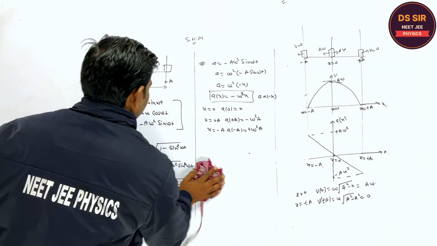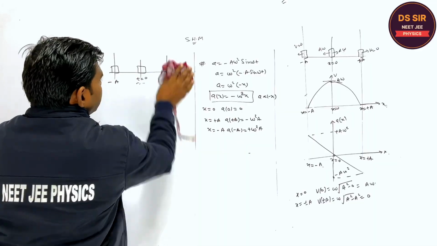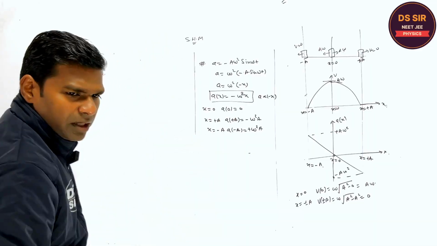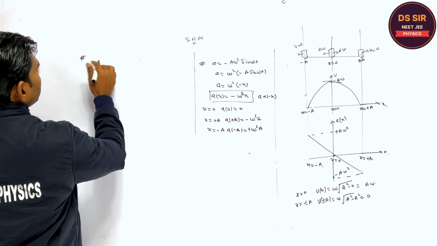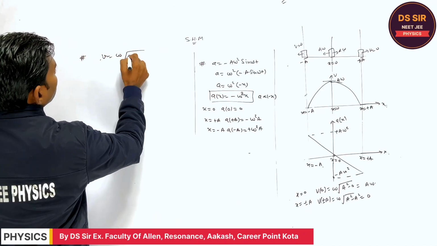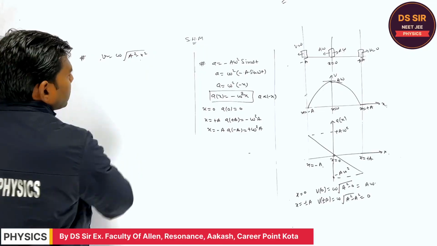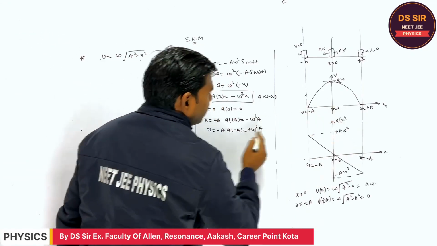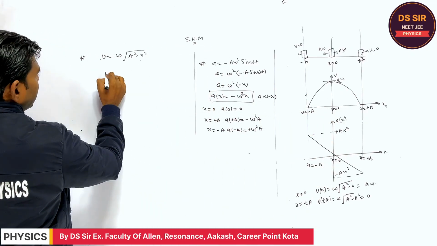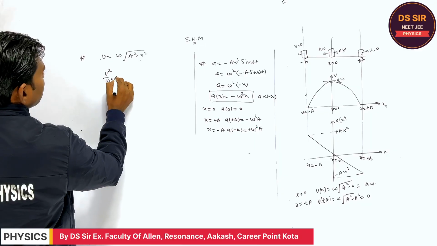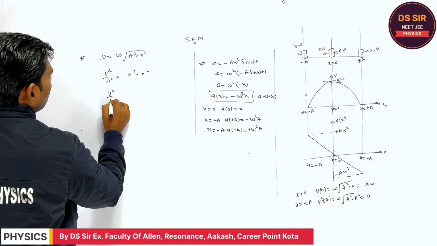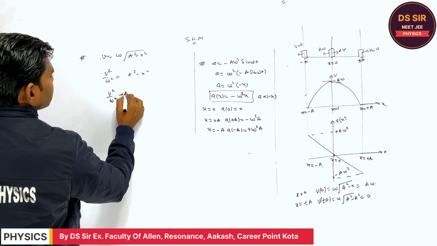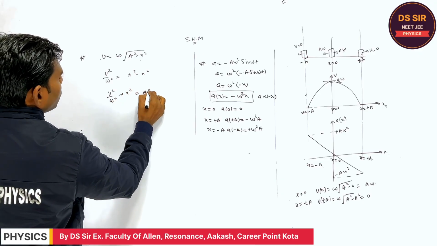Copy this. So listen, one thing: although this is the relation between the speed, you have to remember v is equal to omega root over a square minus x square. Although this is the graph, the complete graph you may write like this: v square upon omega square is equal to a square minus x square, so v square upon omega square plus x square is equal to a square.